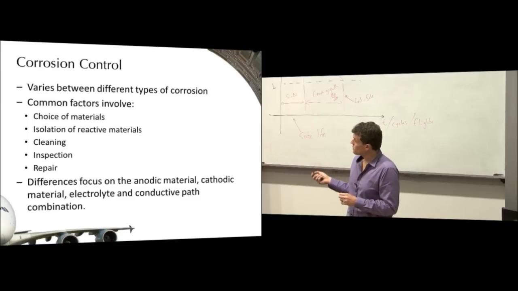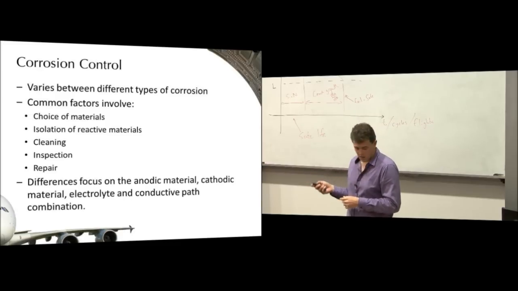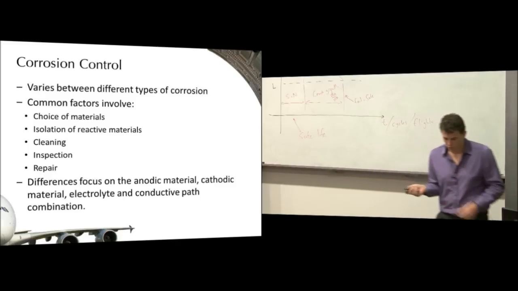Isolation of reactive materials, so keeping two reactive species apart or keeping them separate from the atmosphere. Cleaning, so generally any dirt on a structure attracts moisture, and that moisture acts as an electrolyte, so corrosion is accelerated. Inspection and repair, and we'll talk about each of these in a little bit more detail.